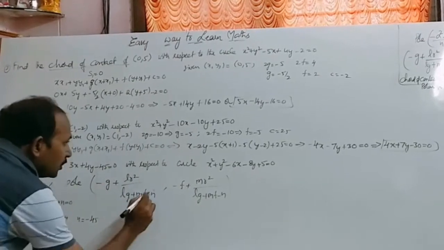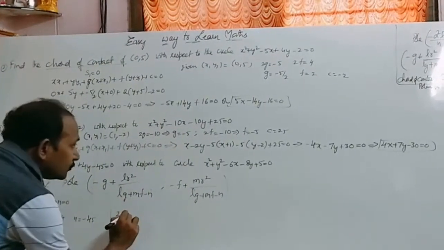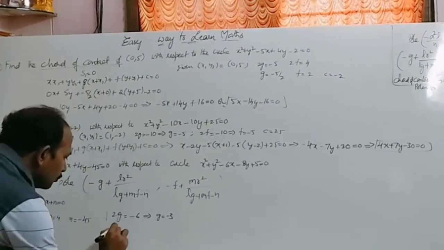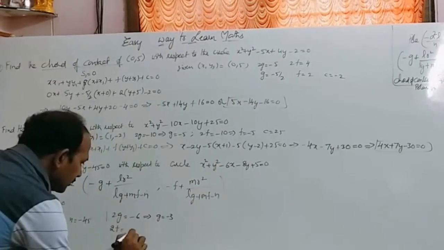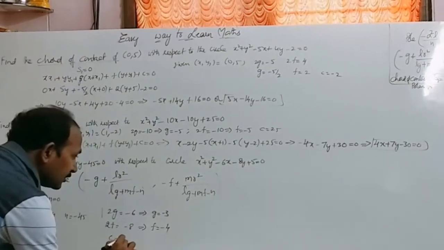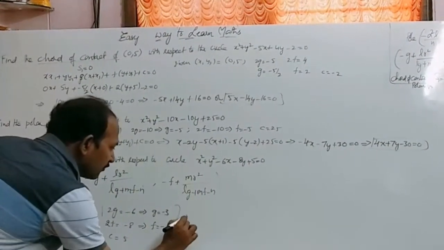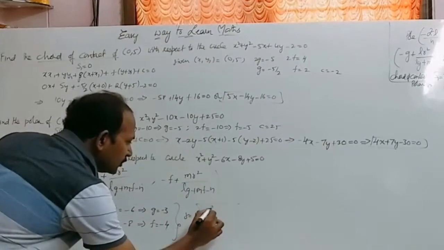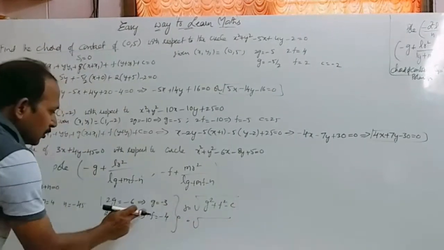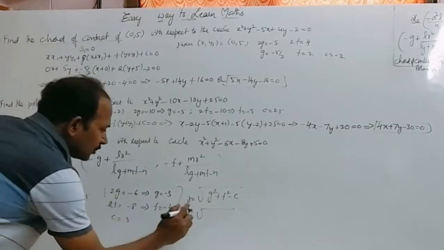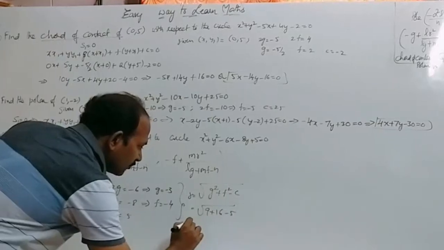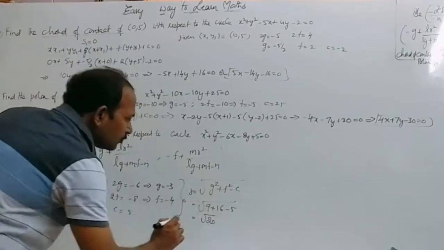Therefore, here 2g is equal to minus 6, that implies g is equal to minus 3, 2f is equal to minus 8, that implies f is equal to minus 4 and c is given as 5. Now let us find the value of r. Therefore, r is equal to square root of g square plus f square minus c, that is equal to square root of minus 3 whole square plus minus 4 whole square. Therefore, 9 plus 16 minus c, here minus 5. Therefore, that is equal to root of 25 minus 5, that is root 20.